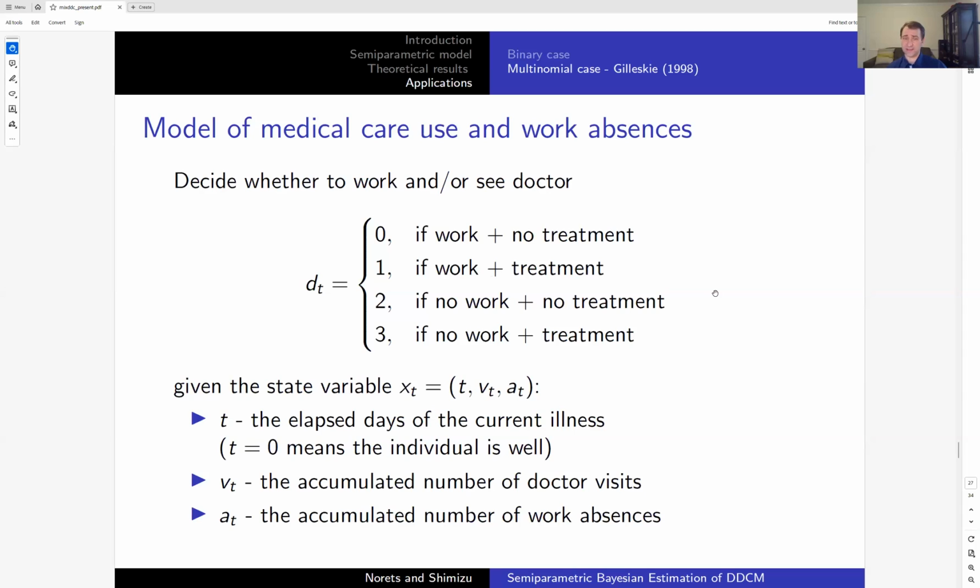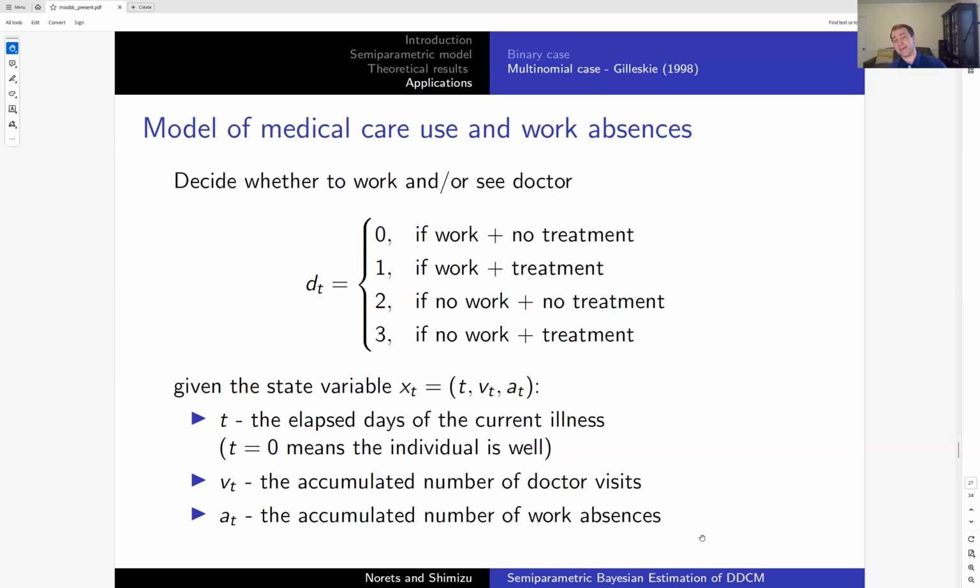All right, now let me get into a little bit more substantive application where we actually look at some counterfactuals. I don't really have time to explain the model in too much detail, but basically we have four alternatives: work, no treatment; work and treatment; no work, no treatment; no work, treatment.